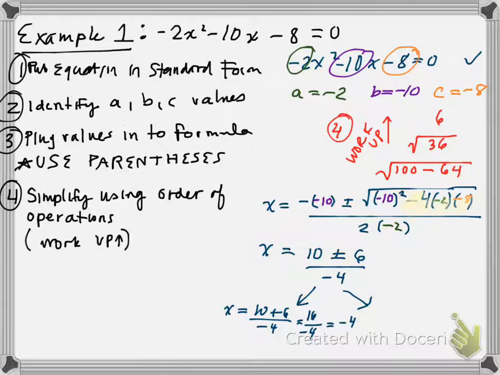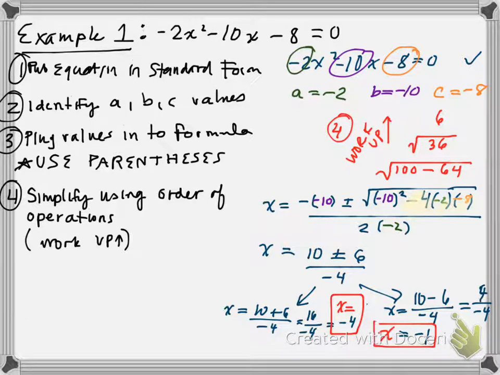In the other side, I'm going to have 10 minus 6 over negative 4 as my other x value, which is 4 over negative 4, my bad, which is negative 1. So then we have two solutions: x equals negative 4 or x equals negative 1.